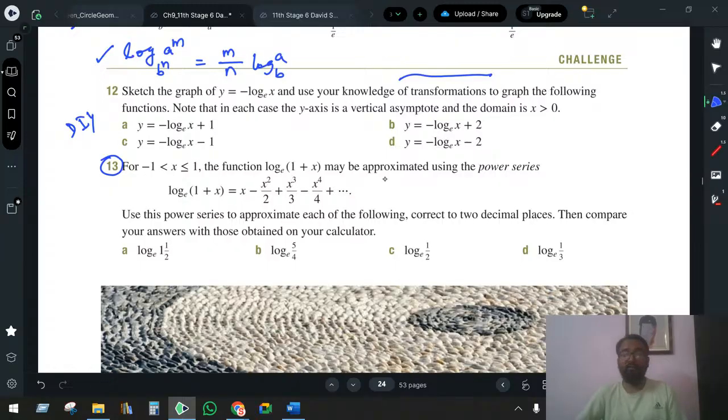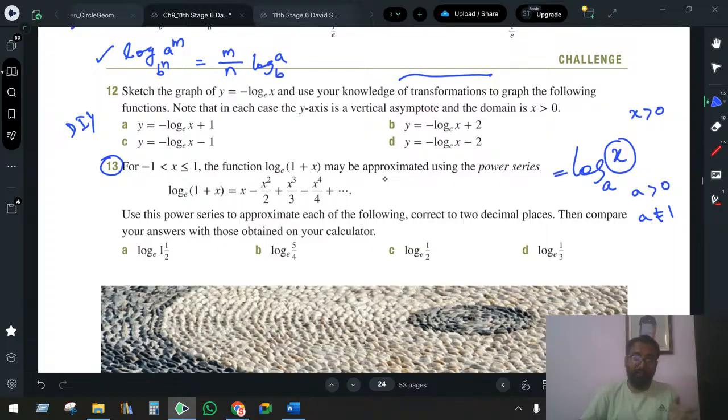But log x, e power x, they have restrictions. When you write log x base a, your x must be positive only, a must be positive, and moreover a should not equal 1. These kinds of restrictions are there, but in polynomials there is no such restriction. So we need a polynomial representation of a function, and it is not possible for all functions.